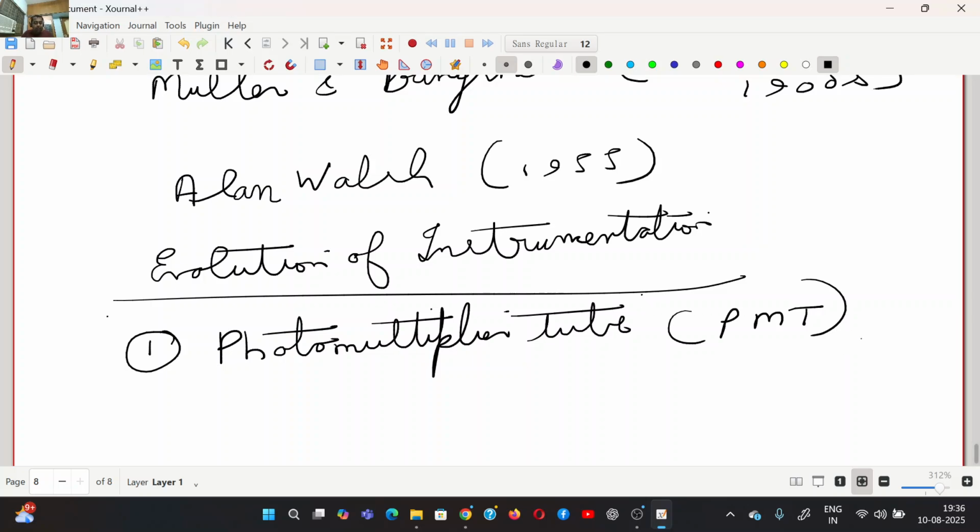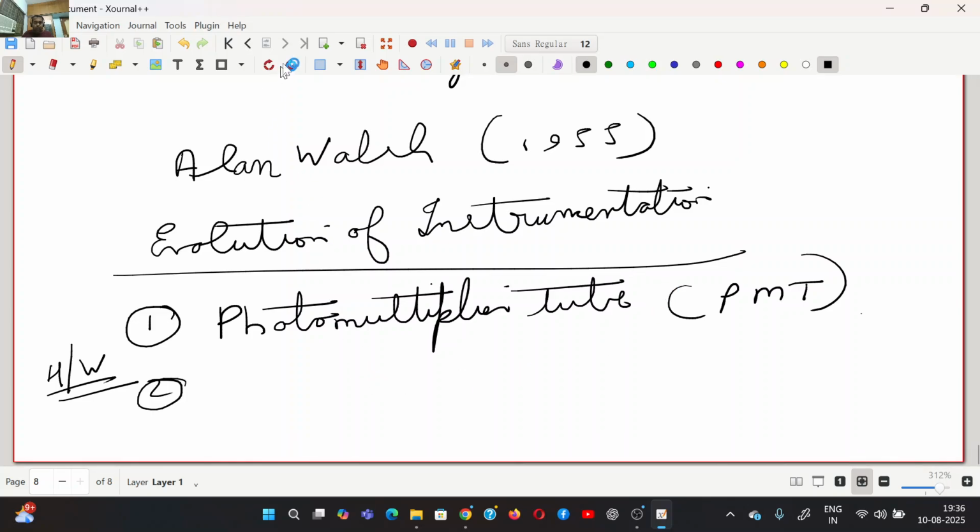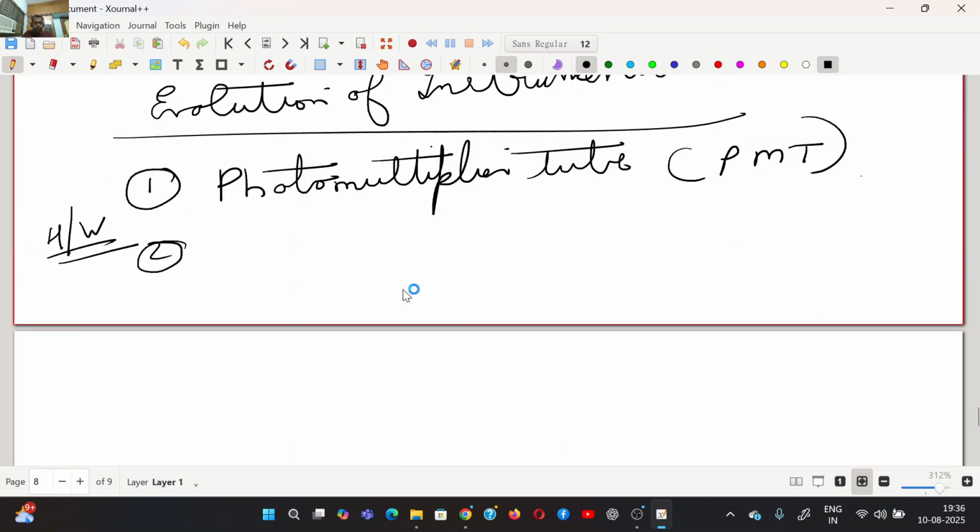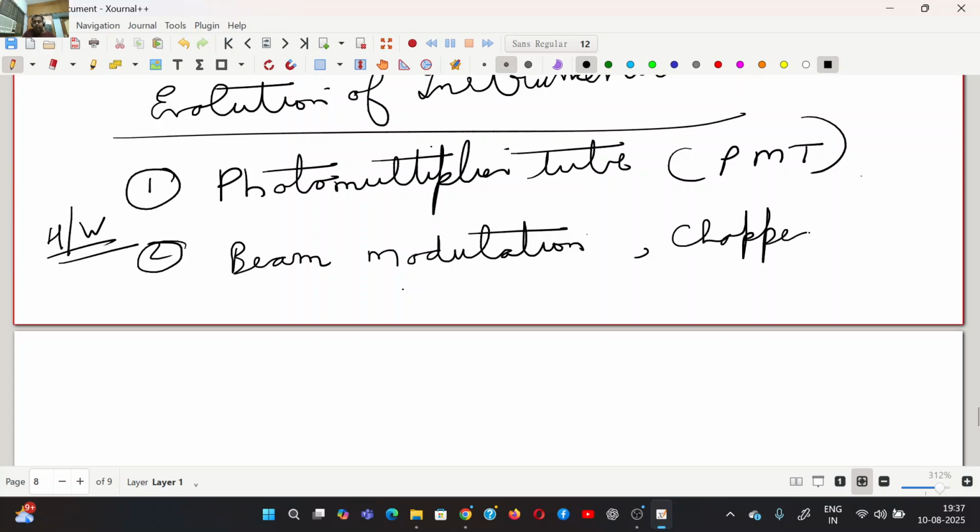Like that, there are other things you can refer to on your own as homework. I'm just giving out the names of the instrumentation which are used to improve the readings. Another thing is called beam modulation. Then there is something called a chopper wheel.